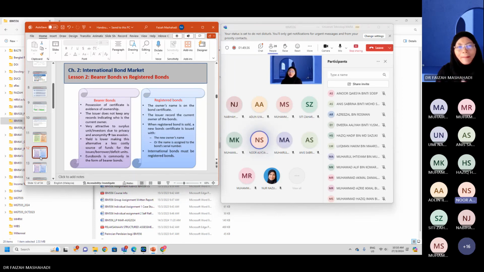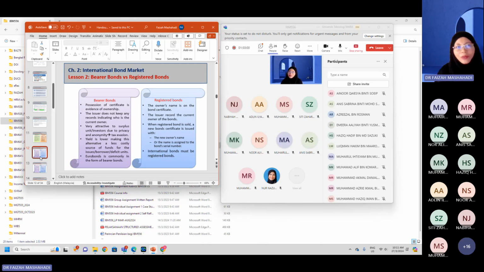Registered, madam. No, I mean, we have registered and bearer bond, right? For registered bond, that means the issuer must always observe all the rules and regulations issued by the Security Commission of that particular location. That one is registered bond.